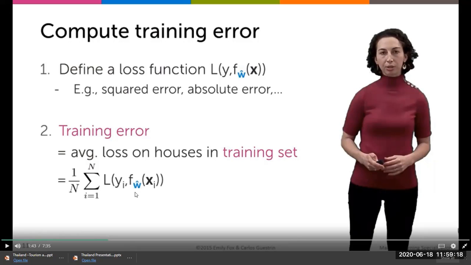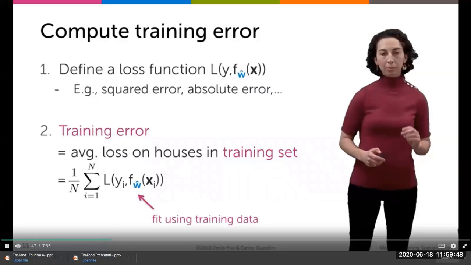In other words, it's not the perfect model. It's only the model that came from our limited training data. So we put the hat on top to remind ourselves it's W, it just means that we have some parameters. And then we sum this up and divide by n. And that's the training error, exactly what we said.